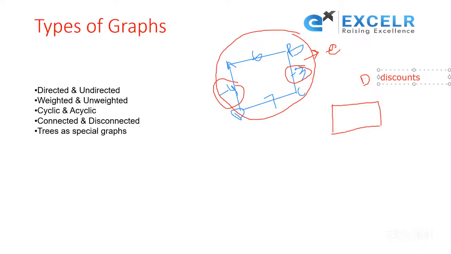Now you have to model this graph, or I can say model these routes. Then what will you do? You have these nodes as cities, like city A, city B, then C, and then D. And these edges are the roads between cities, like A to B, B to C, C to D, and D to E, D to A, or even there might be some alternate routes as well.